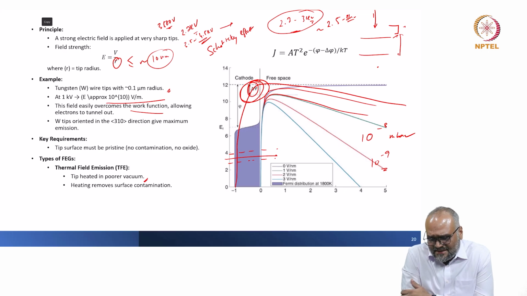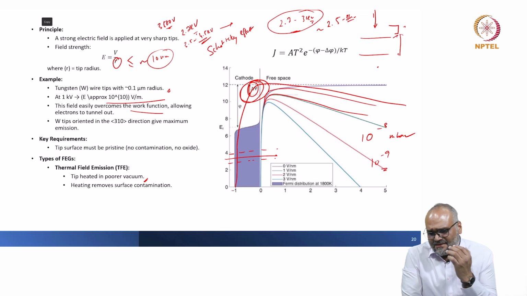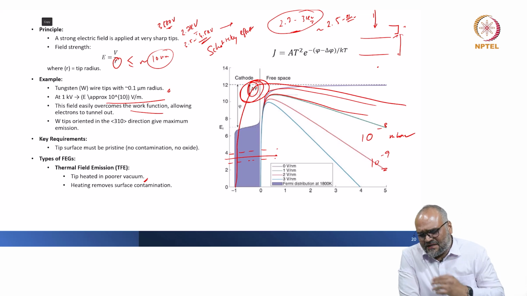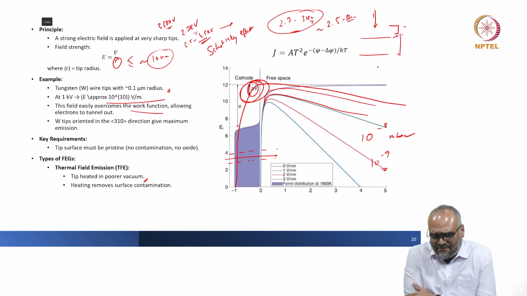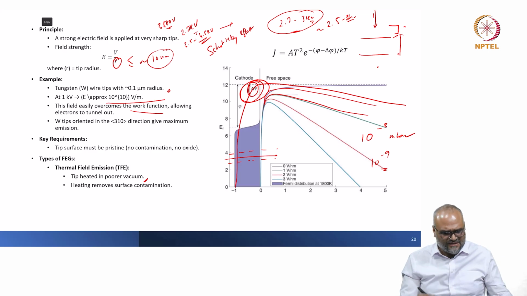But if you do not have good control on increasing the potential gradually, you might actually fracture the tip of the tungsten filament and lose it.